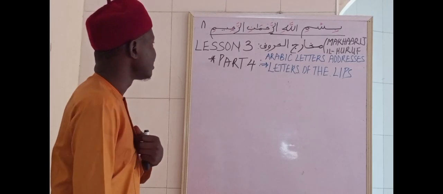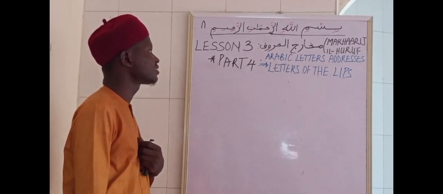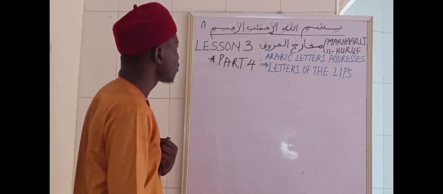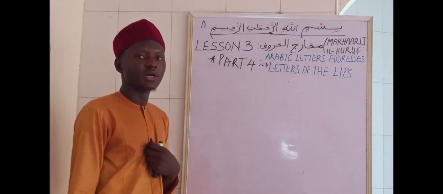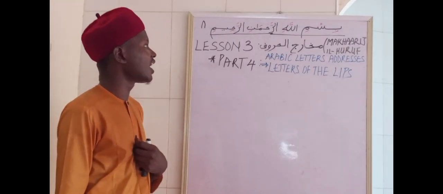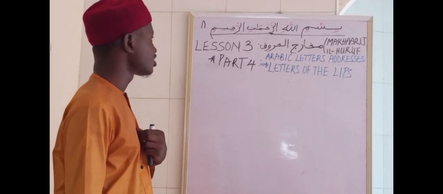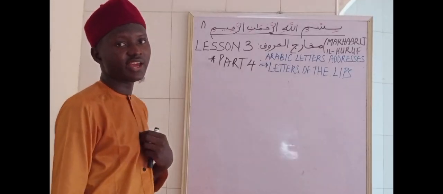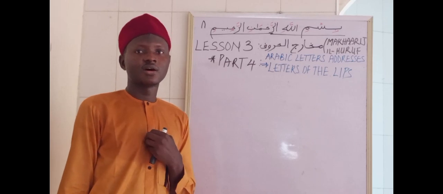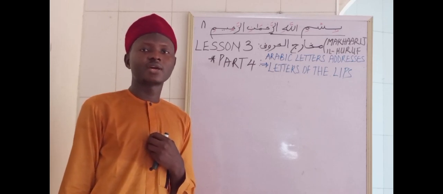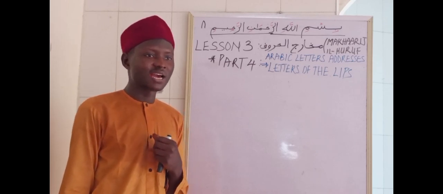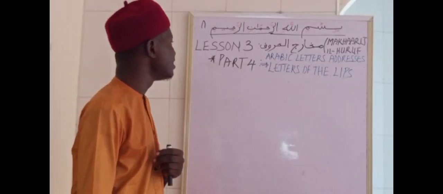We are presently in our lesson 3, looking at Makhaarijil Huruf, the addresses of the Arabic alphabets. We are looking at the articulation and pronunciation, visiting each and every letter of Arabic one after the other in their respective homes where they live.